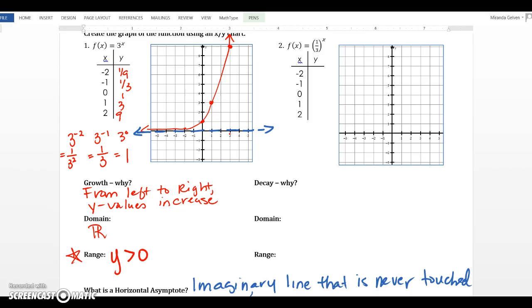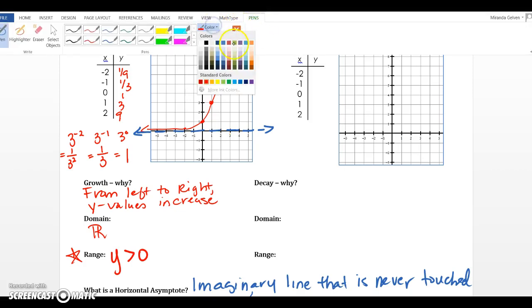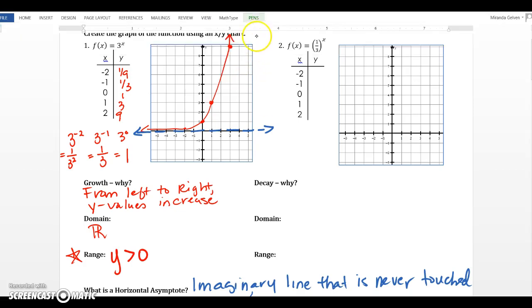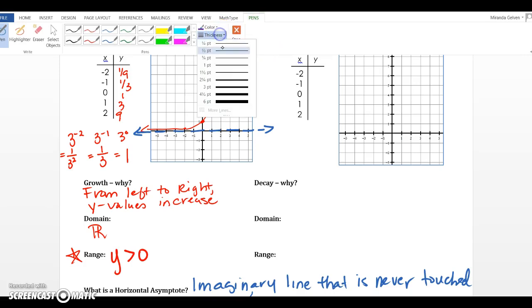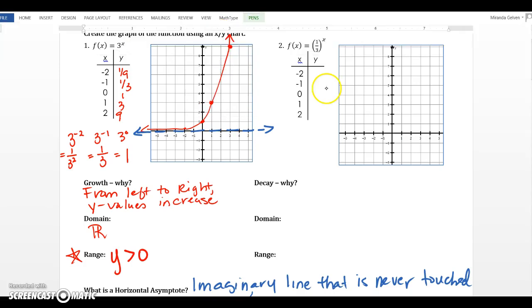So let's do the same thing over here for 1/3. And let's see, let's do this one in purple. Okay, so we're going to plug in our values. I've got 1/3 to the -2. And again, that negative exponent flips that. That becomes 3 squared, which is 9.